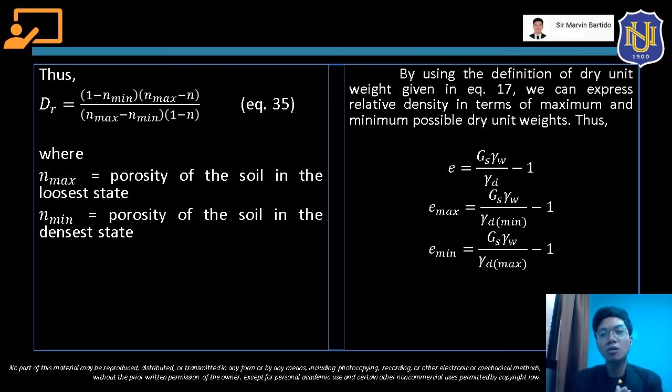So, class, like this. Our original formula for gamma dry, class, is weight of soil solids over total volume.